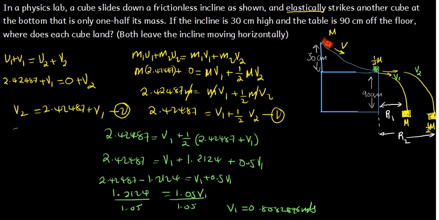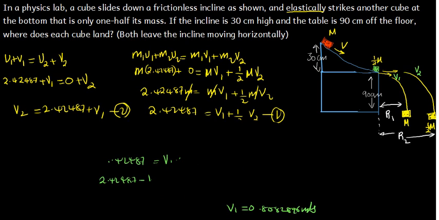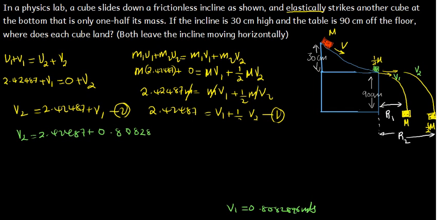We can use this formula here. We just substitute in the value for v1 that we found. And so v2 is going to become 2.42487 plus, where there is v1, we're going to substitute 0.82896, and this value is going to give us 3.233 meters per second.